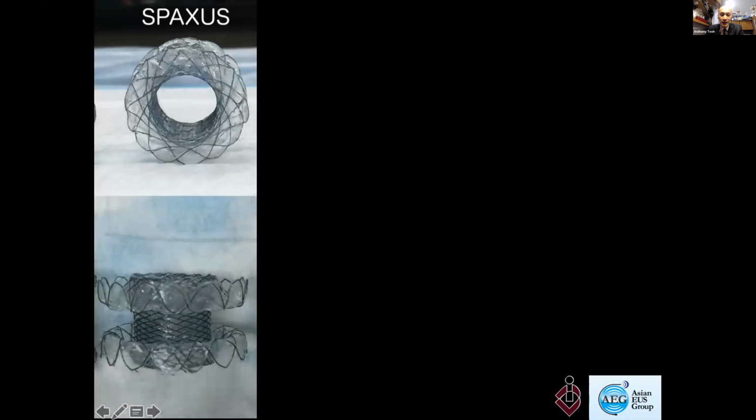So the PFC stent has a design where the stent folds on itself after deployment. So this distance is variable. If there's a lot of tissue, then it may not compress all the way to the final distance, which is around 8 millimeters. So again, PFC has variable sizes from 16 to smaller sizes.